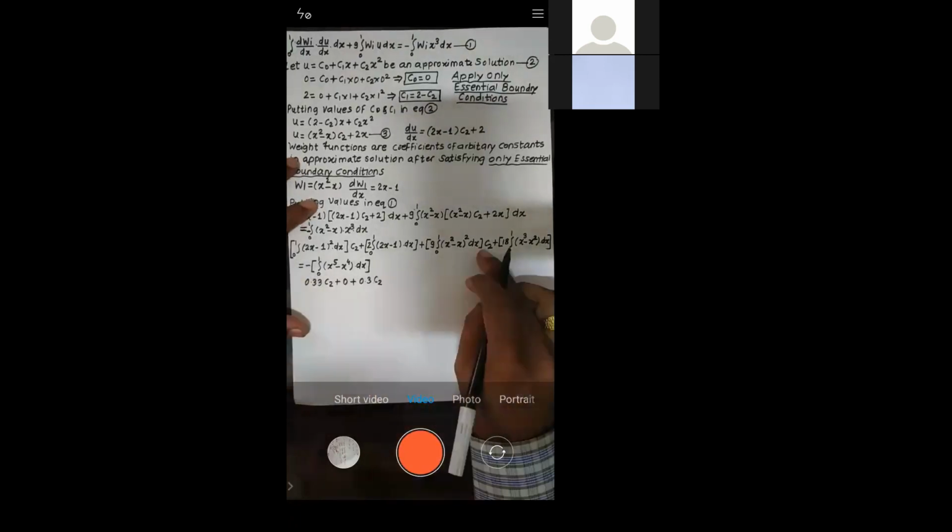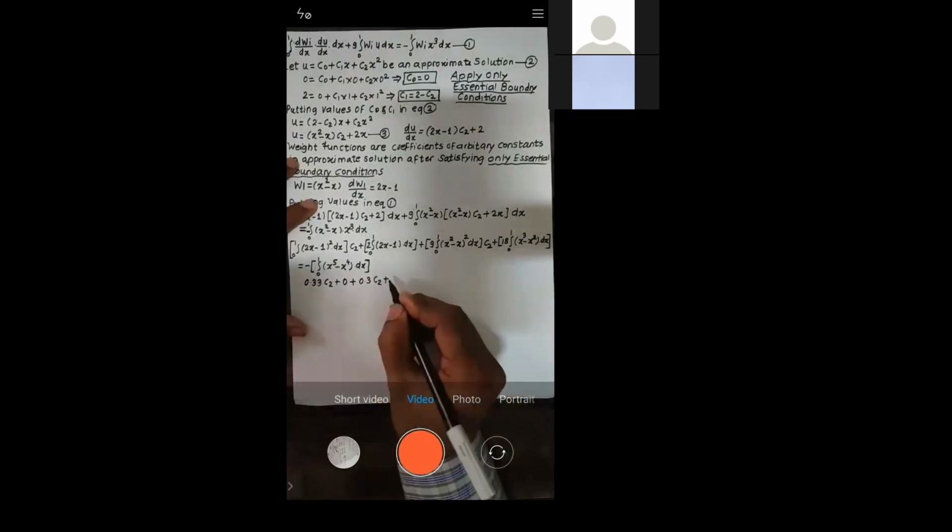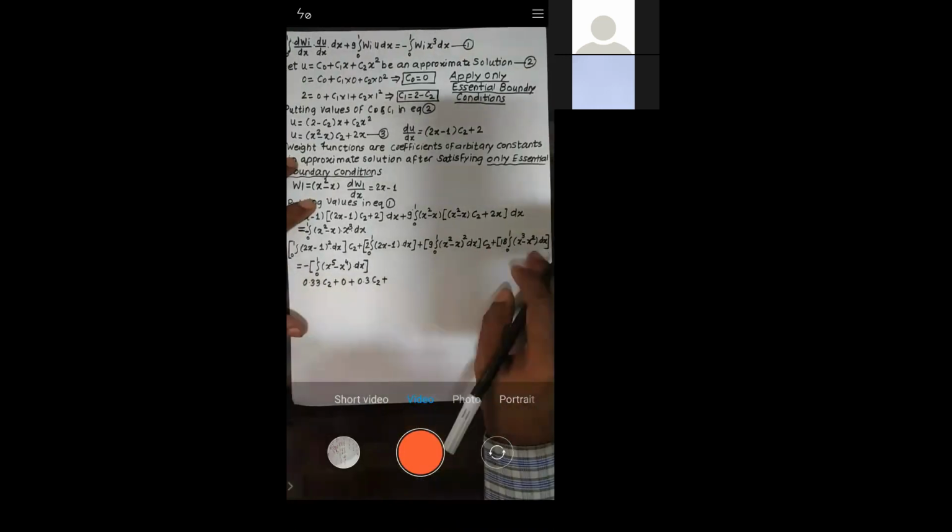Plus. Tell me this value. Plus I am writing plus. Tell me this value. Minus 1.5. Minus 1.5 is equal to, now tell me this value.